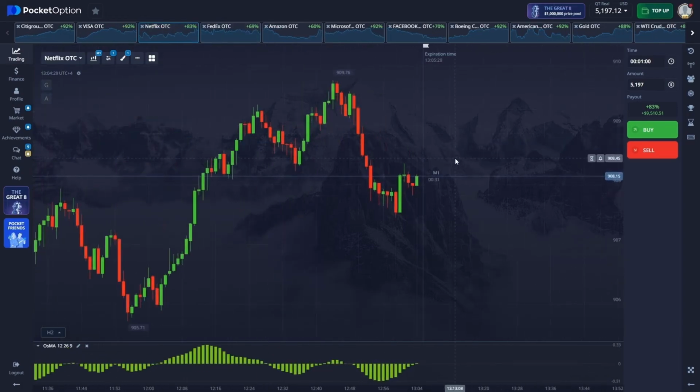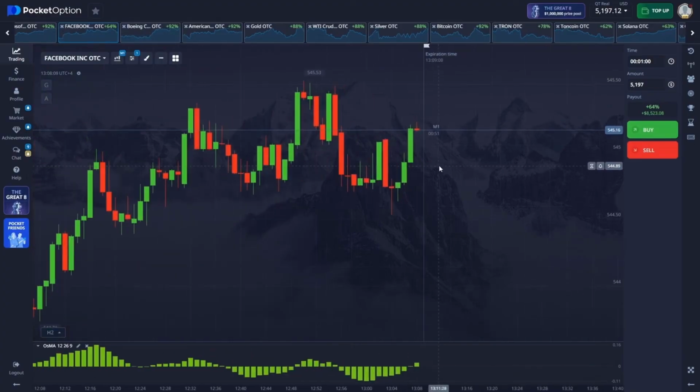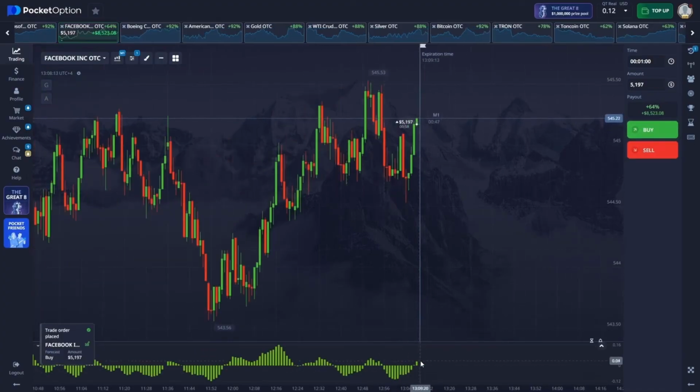There was a trade on Netflix OTC. If this candle closes as a green candle, then we can proceed for the upside move. Okay, the candle reversed, so I avoided that trade. On Facebook OTC, we have a trade for the upside move.